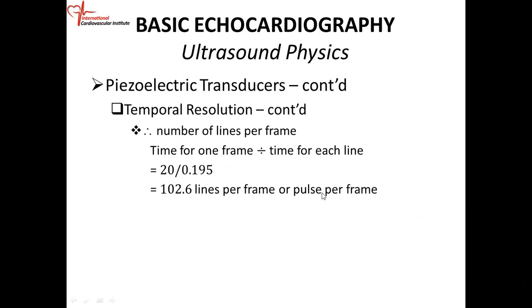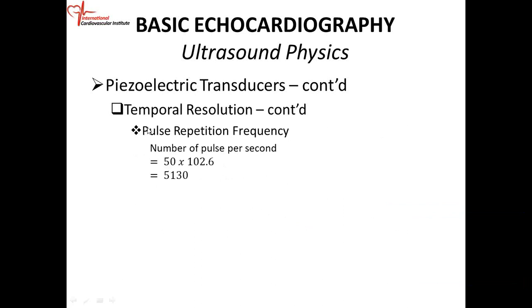Remember that each scan line in the frame is the pulse, the ultrasound wave that goes to the structure and comes back. So you have 103 lines per frame, or pulses per frame.